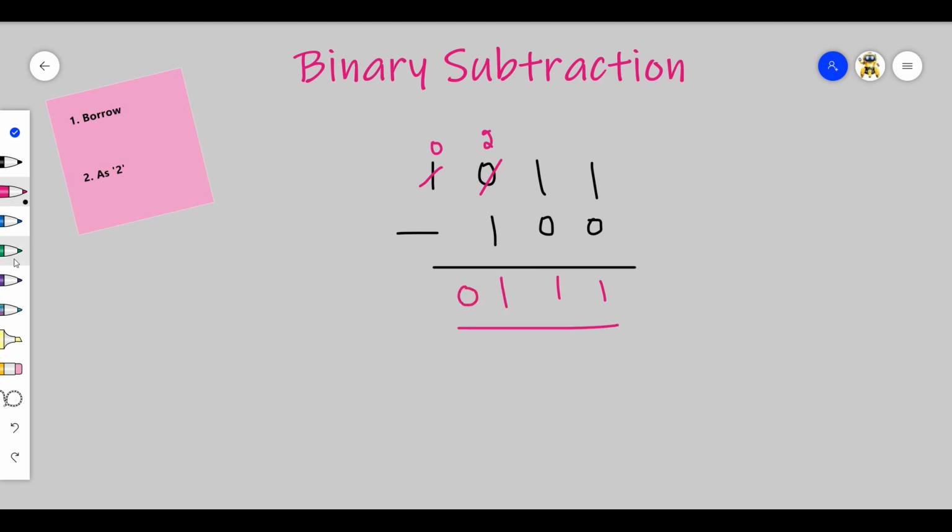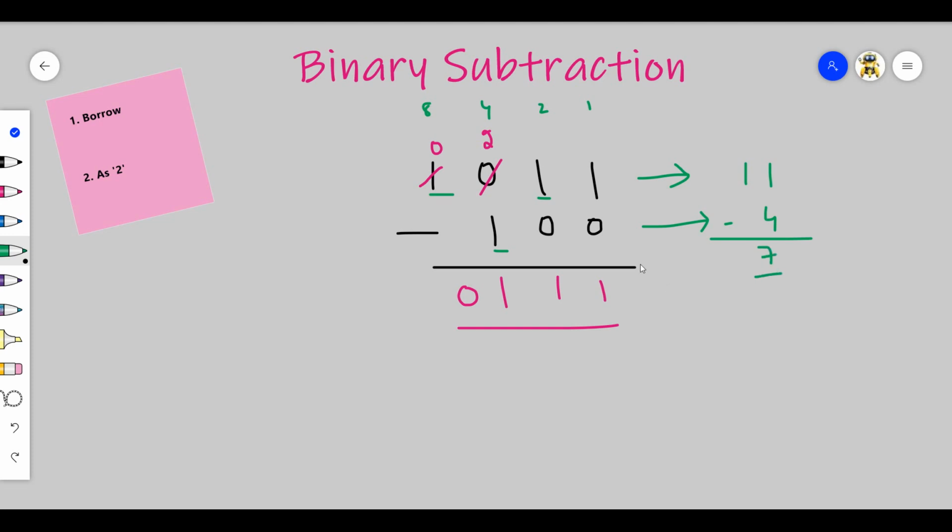Now let me convert into decimal, just to check it. So this will be 8. So 8 plus 2 is 10 plus 1 is 11. Now this will be 4. So what is 11 minus 4? That will be 7.